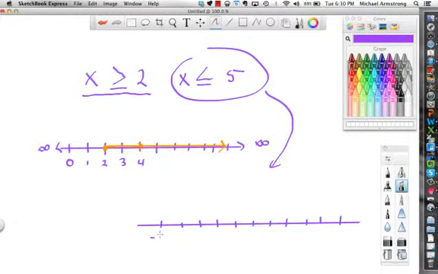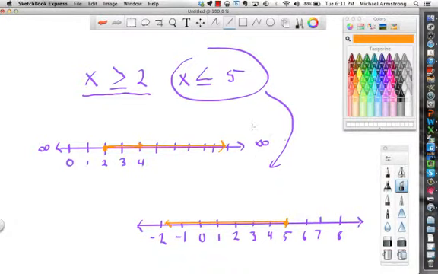We'll do something like -2, -1, 0, 1, just so you can see all the numbers. And again, they go forever in both directions. But this says x is less than or equal to 5. 5 is right here, so it could be equal to 5. Or it could be less than 5, and that includes everything in this direction. This is the less than direction. This is how we would graph this.